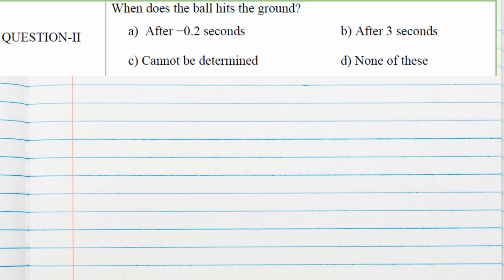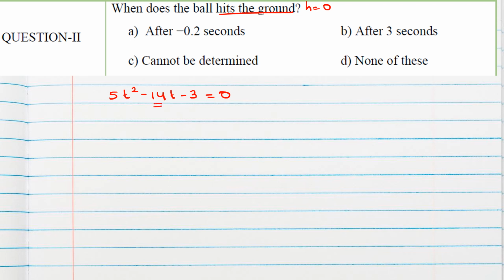Question number 2 is: when does the ball hit the ground? When means we should find the time. And we know when the ball hits the ground, h will be 0, and our quadratic equation from question number 1 is 5t square minus 14t minus 3 equal to 0. So we will solve this. Okay, 5 threes are 15 and the sum should be 14.